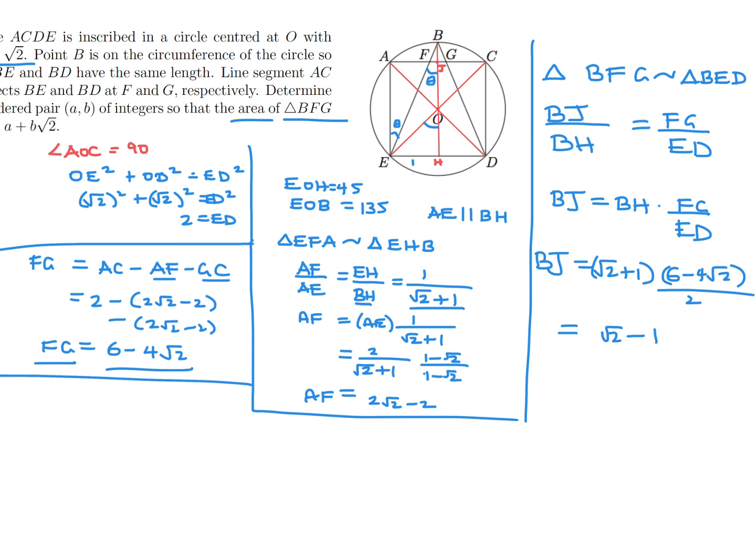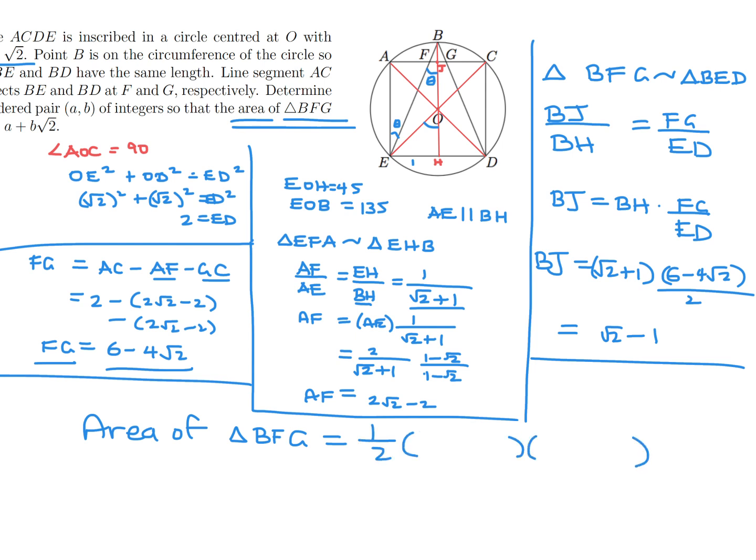Okay, so we are all set to figure out the area of triangle BFG, which is 1/2 base times height. The base is FG, so 6 minus 4 root 2. The height is BJ, which we just figured out is root 2 minus 1.